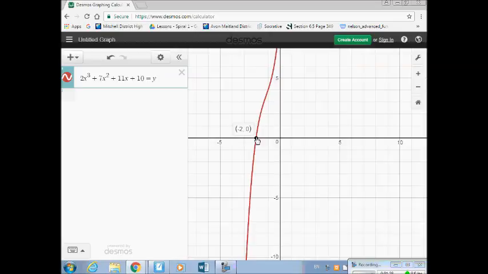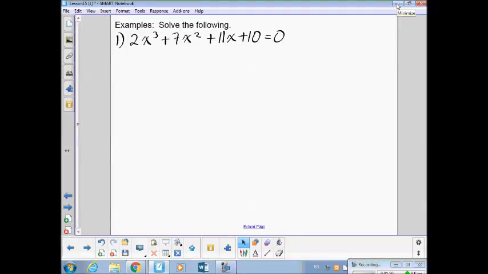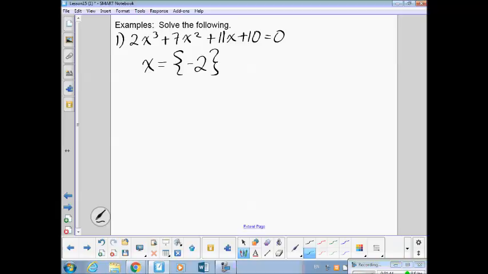So we go back to our question. And if you notice what we're writing on paper, we don't see a whole lot because we're actually doing most of the work in Desmos. So we know here that x equals -2. Now, the reason I'm putting it in the curly brackets is because it's not an ordered pair that I have.